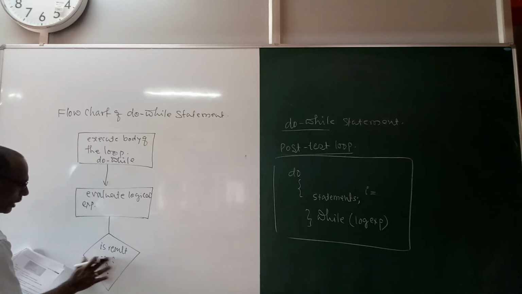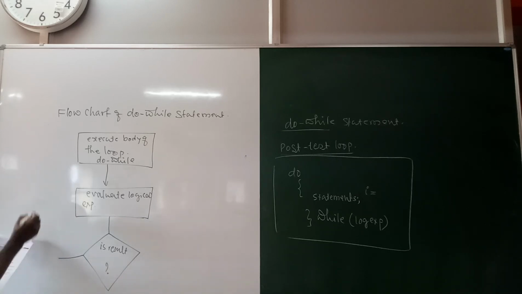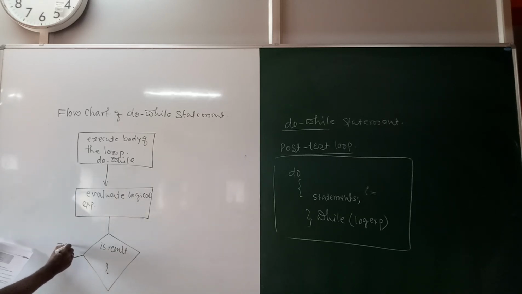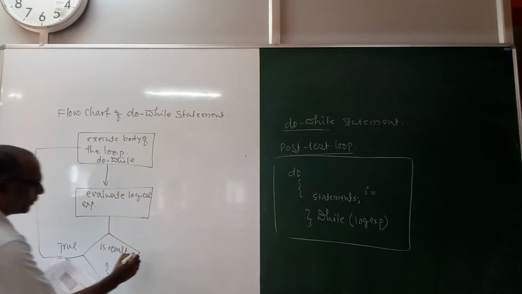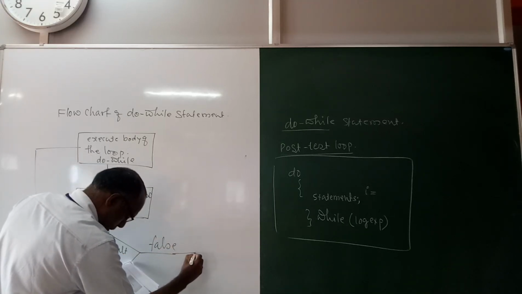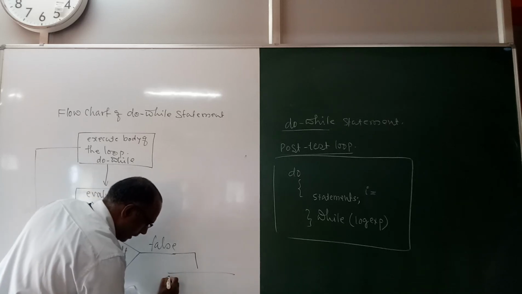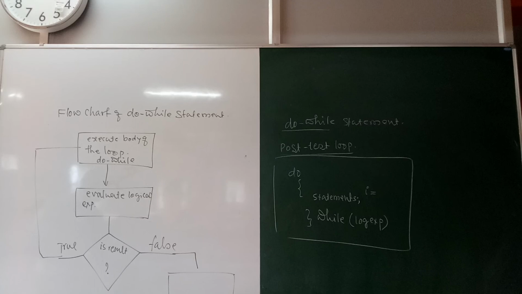It's a question mark. If it is true, we go this way, back to the first step here. If it is false, go to the next statement outside the body of the loop.